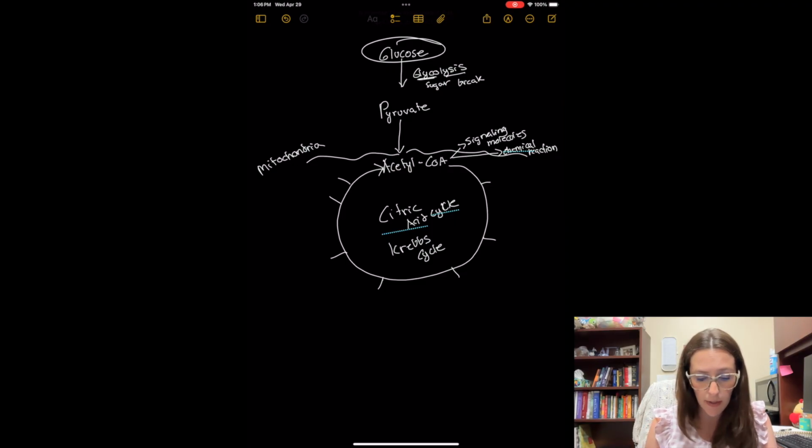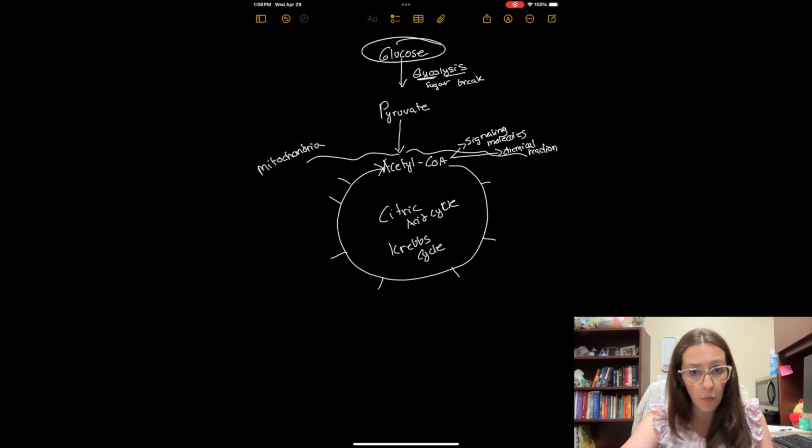Those metabolites that we make at each stage of the Krebs cycle don't always go straight into the next reaction. As you go through anatomy and physiology, there are going to be times where we mention a specific enzyme or a specific molecule that actually uses one of these metabolites.